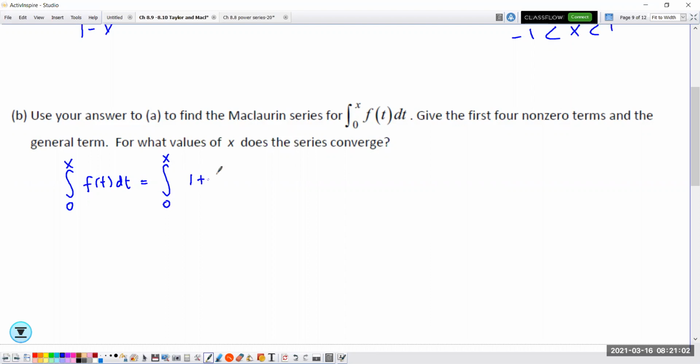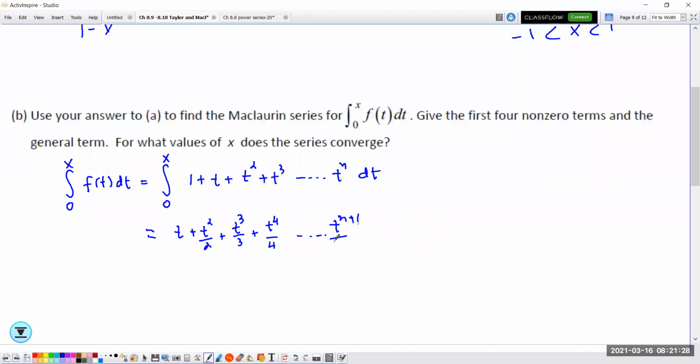This will be the integral of 1 plus t squared, t cubed, t to the n dt. Find the antiderivative in terms of t, which is t squared over 2 by the power rule, t to the third over 3, t to the 4 over 4, t to the n plus 1 over n plus 1.